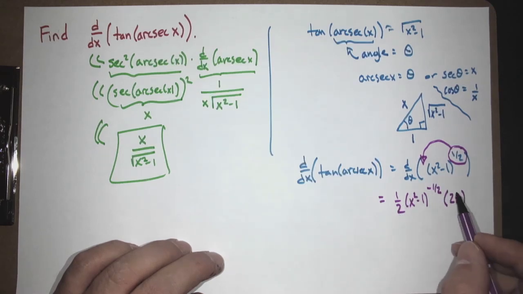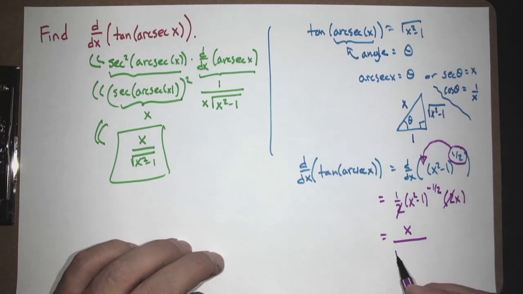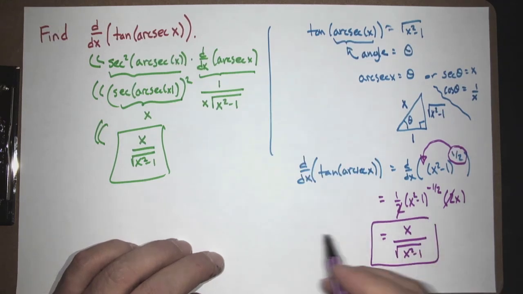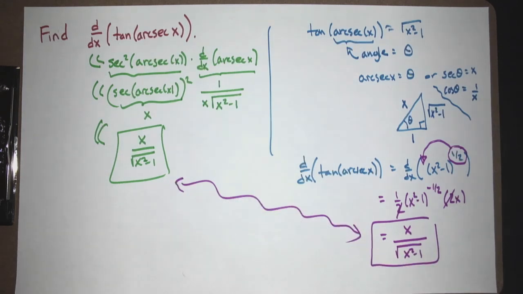The half and the 2 cancel. We're left with x upstairs. What's downstairs? Square root of x squared minus 1. The same. Well, yeah, because we're taking the derivative of the same thing. We're just writing it in two very different ways. All right. Any questions?